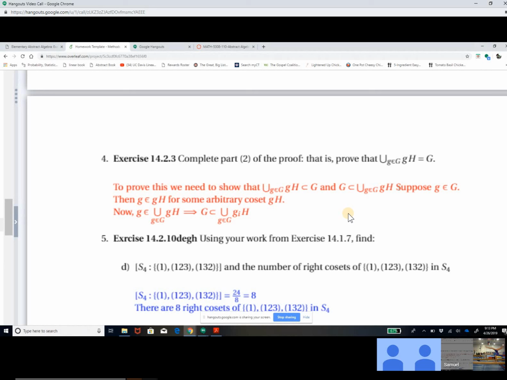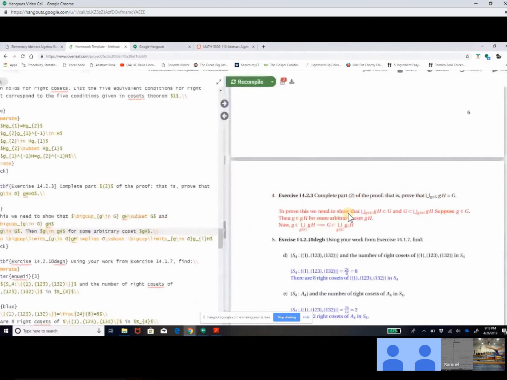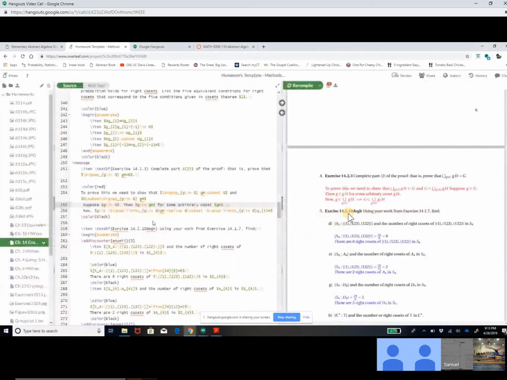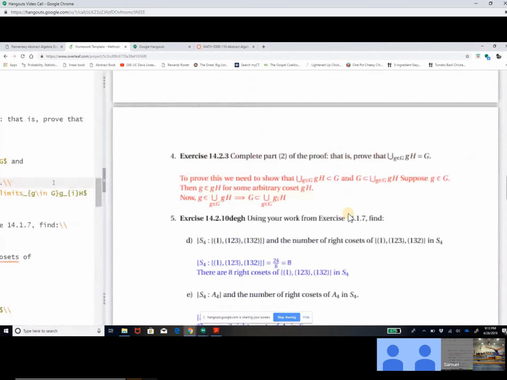Okay, so you're saying suppose g is in big G, then okay. But it's not arbitrary. It's not arbitrary at all.